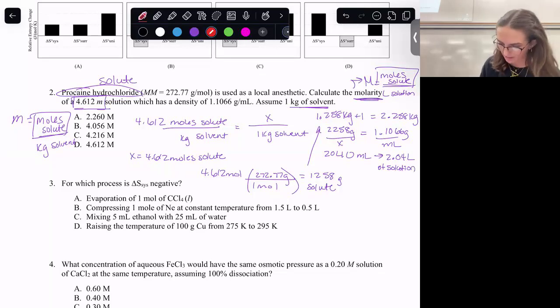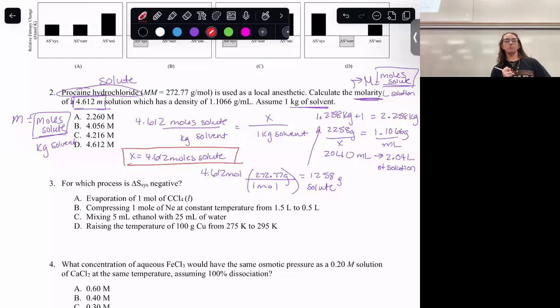And so now we have our moles of solute, which matches our moles of solute for molarity. And we have our liters of solution, which matches our liters of solution for molarity. So what's the last thing we need to do?